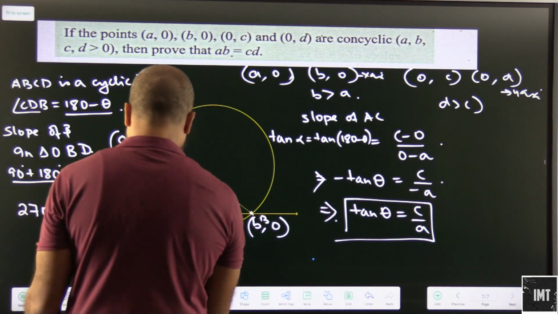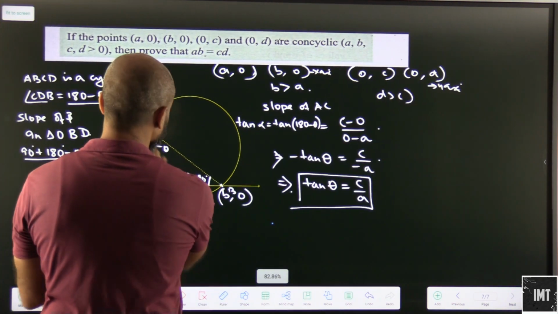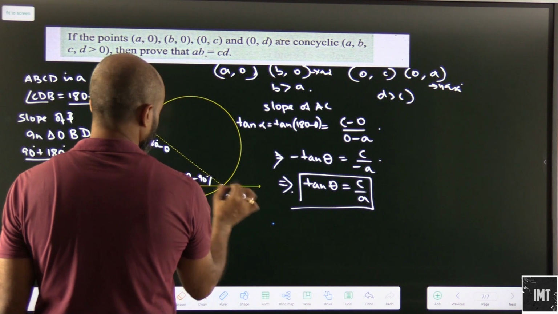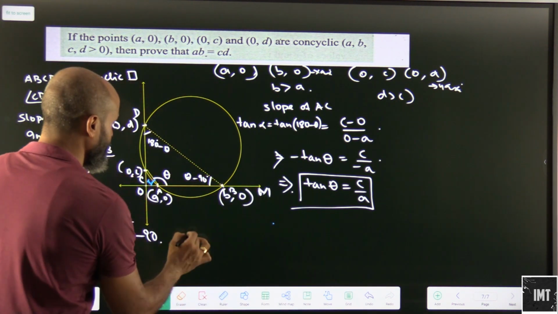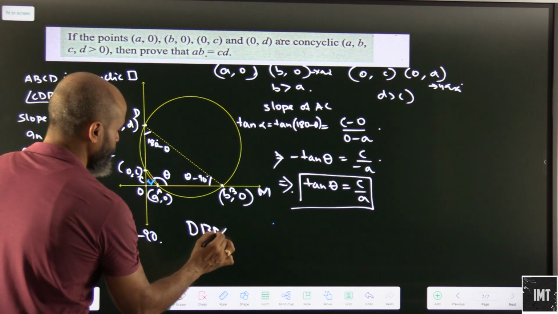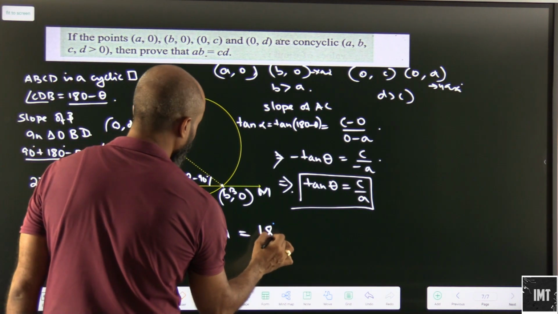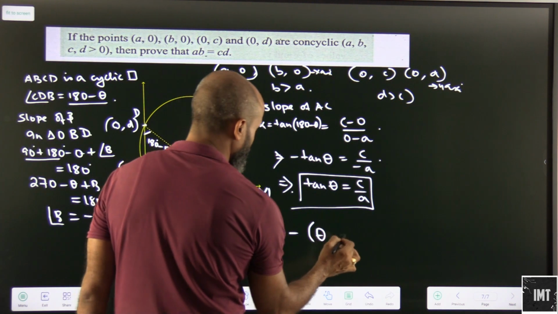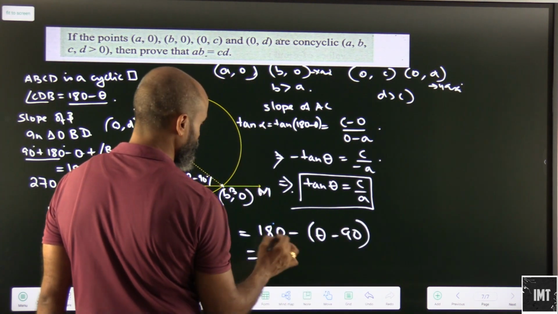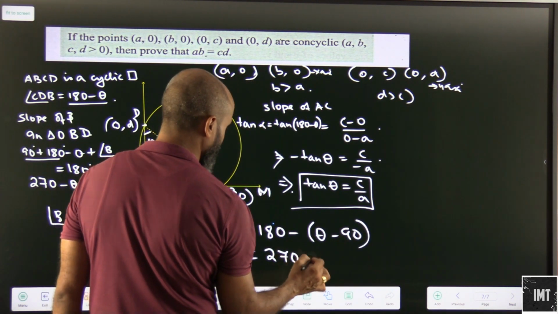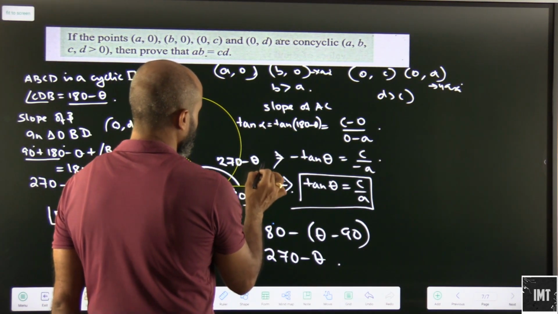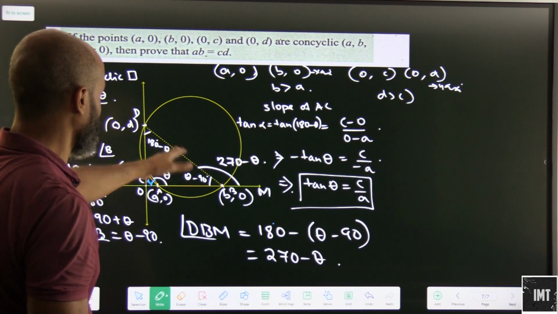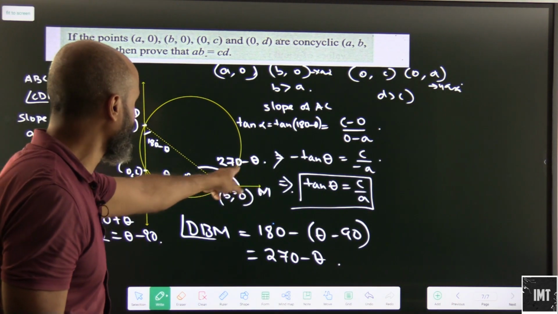Now let's look at what this will be. Let's say we have named this angle M. Angle DBM is going to be 180 minus theta minus 90, so that's 270 minus theta. Here we will have to find this value.